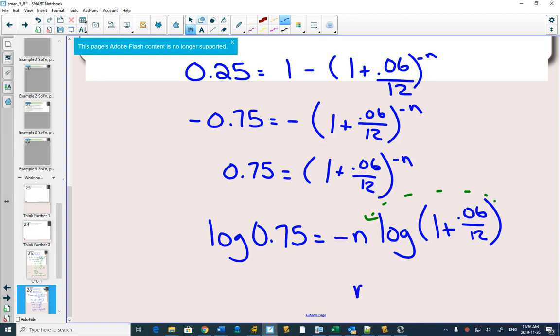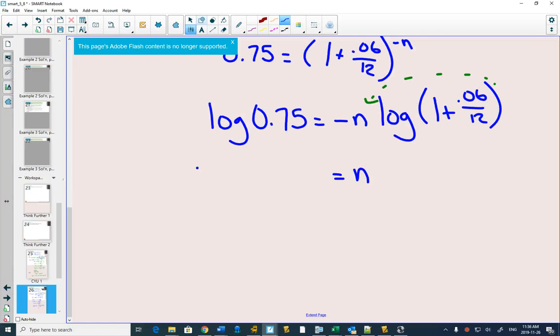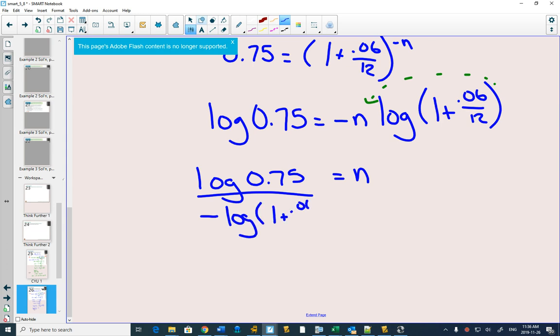And so in order to get n by itself, I need to divide by negative log 1 plus 0.06 divided by 12. Again, type this into my calculator. You should practice typing this into your calculator to see if you get the same answer.